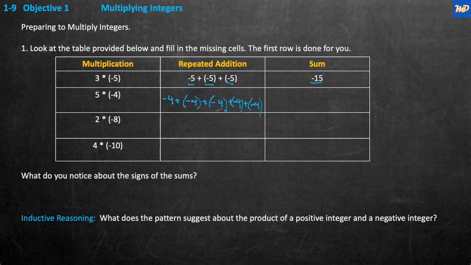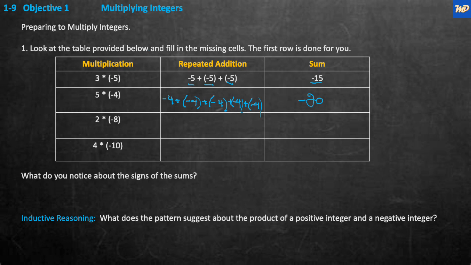So what does that come out to? We have negative 4 plus a negative 4 is negative 8, then negative 12, negative 16, negative 20. So the sum here is negative 20. Well, 5 times 4 is 20, and the sign of this 4 is negative. There's only one negative in this problem. Let's do the next one.